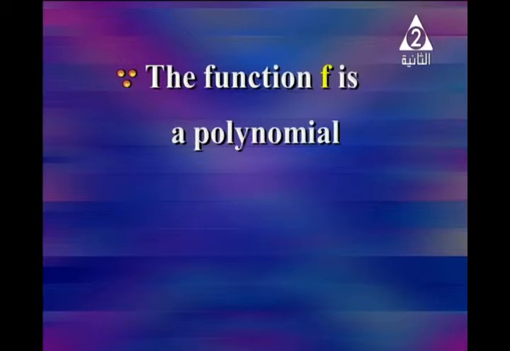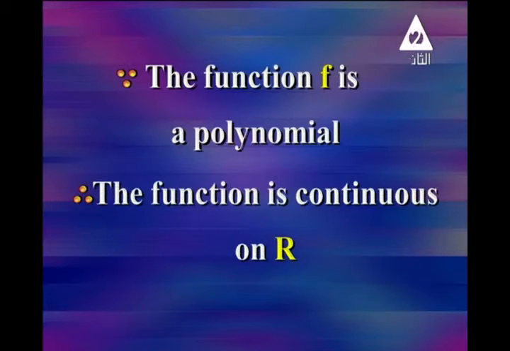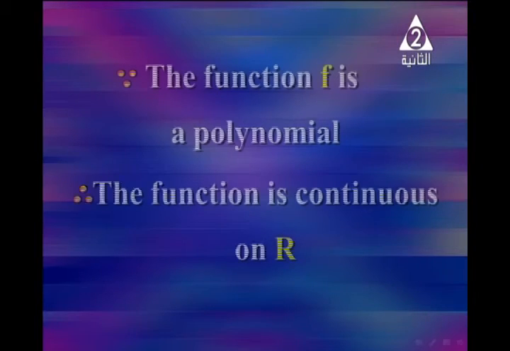The function f is a polynomial. Any polynomial function is continuous on R. This rule is from second year. Any polynomial function is continuous, so it has an integration. What is the integration from -1 to 3 of 4x power 3 plus 1 with respect to dx?